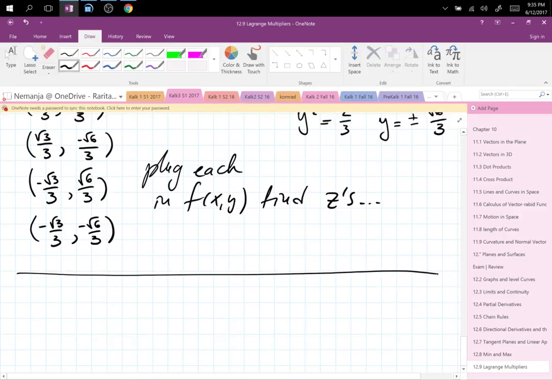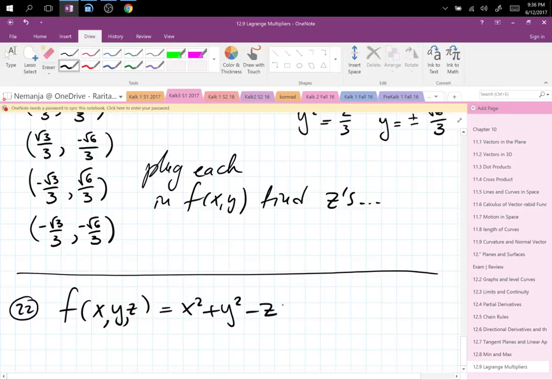Which problem do you want to do? 15 through 24? 22. All right. F of x, y, z is x squared plus y squared minus z.